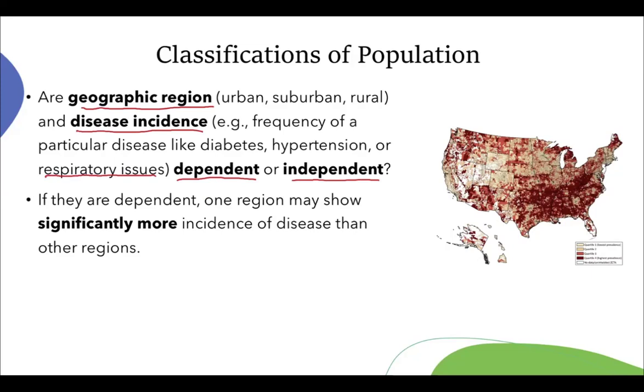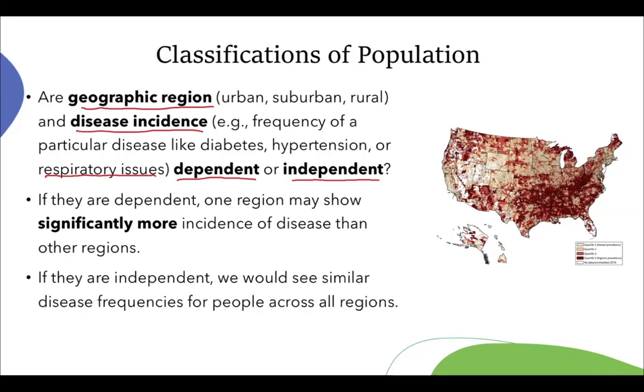So maybe we would hypothesize that living in an urban area would increase respiratory disease. So if we have a dependency, we may see that. Whereas if we have independency, we would see no difference of disease prevalence across regions. We would see similar disease frequencies for people across all regions.